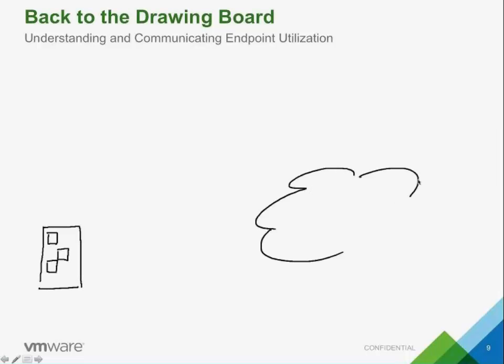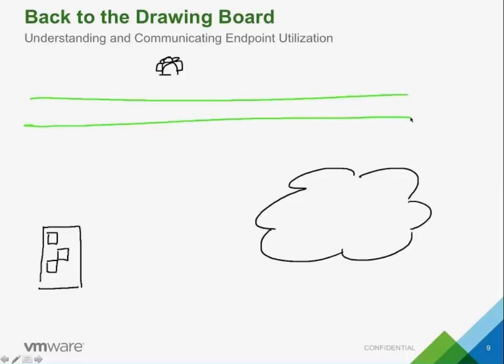We've got some cloud resources out here, and we've got some external users. We know that we're going to place cloud automation right there. So now we've got vCAC sitting right there, able to connect and talk to all of this.